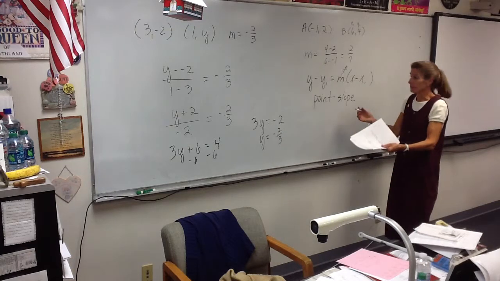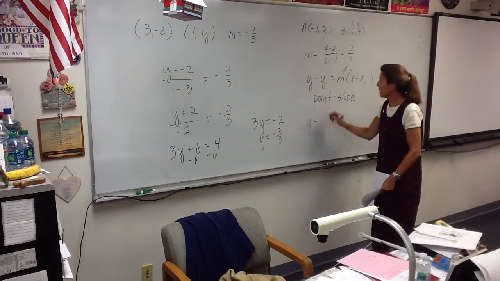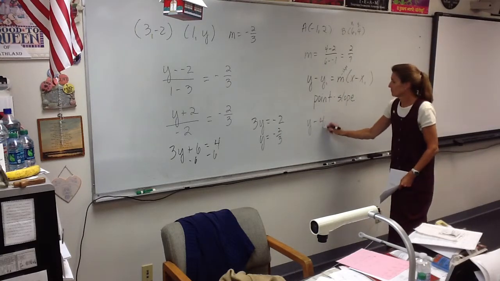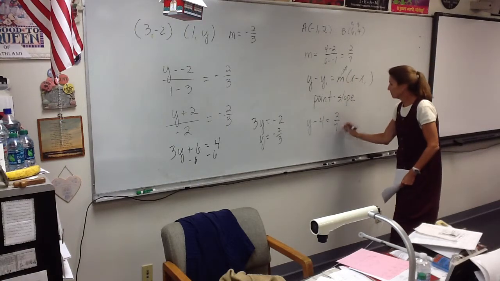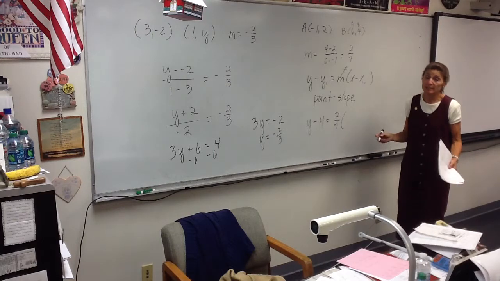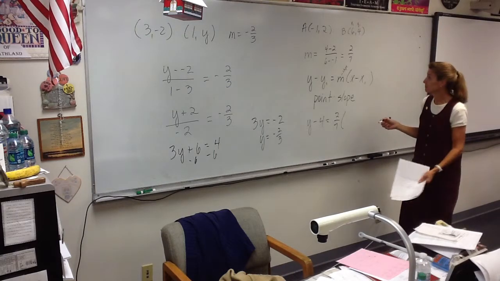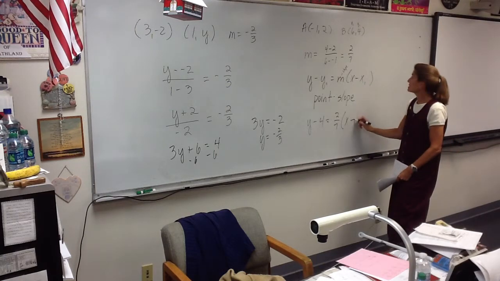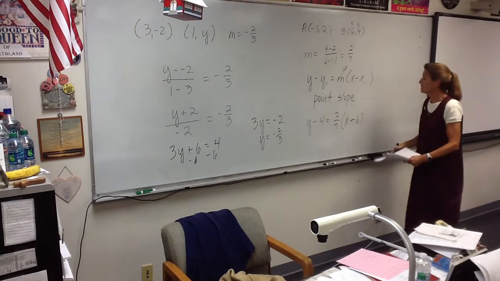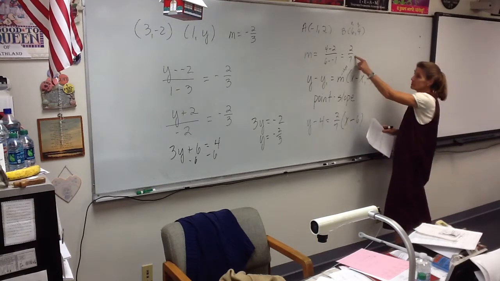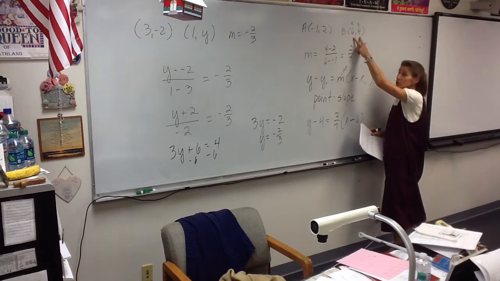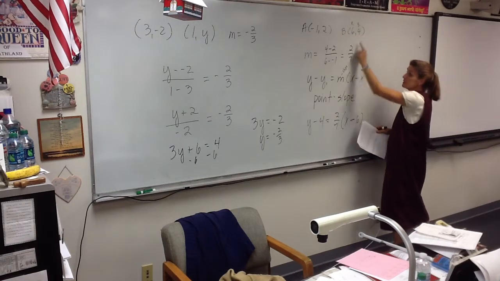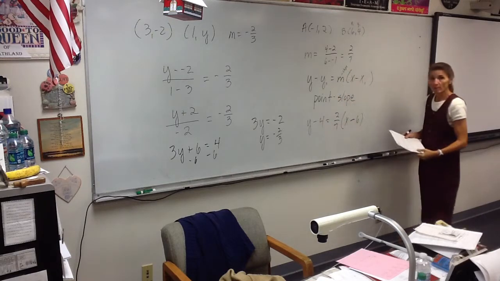Now I just plug in. So I'm going to take y minus y1 equal to my slope, which unfortunately is often a fraction, times x minus x1. So once again, here is my slope, that goes in here. Here is the point I have chosen to be x1, y1, it goes in there.